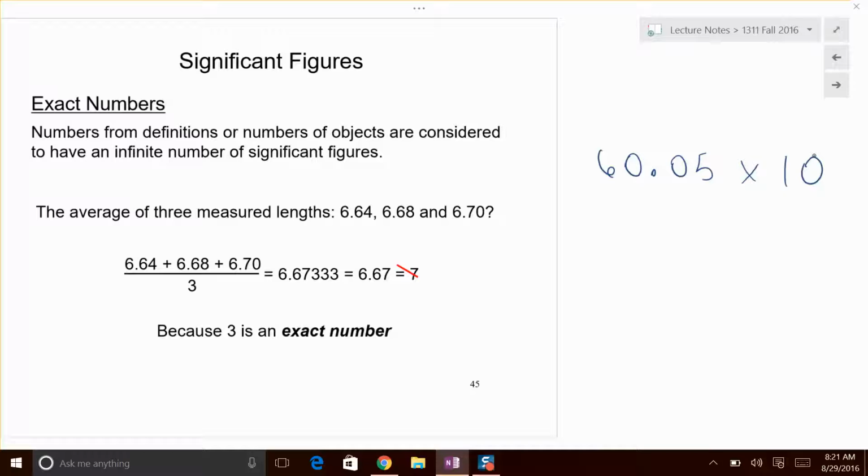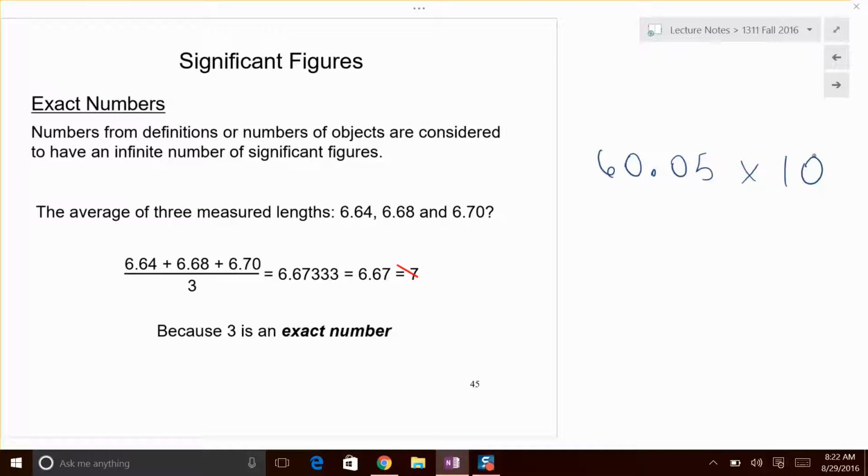So I'm going to take this, 6.64, 6.68, 6.70. I'm going to find the average of it. There's 3 data points. So I divide it by 3. That number 3 is not just one significant digit. How many significant digits does this 3 have? Infinite number of significant digits because it's a result of counting. 1, 2, 3 data points.